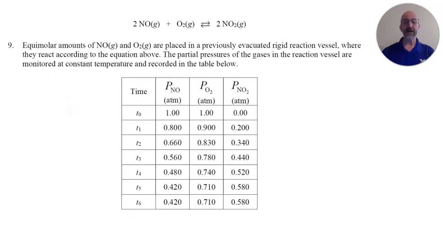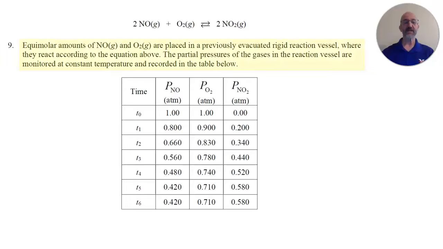Now let's take a look at question 9. In question 9, we are given a balanced chemical equation in which nitrogen monoxide, or NO, reacts with oxygen gas, O2, to produce nitrogen dioxide gas, or NO2.